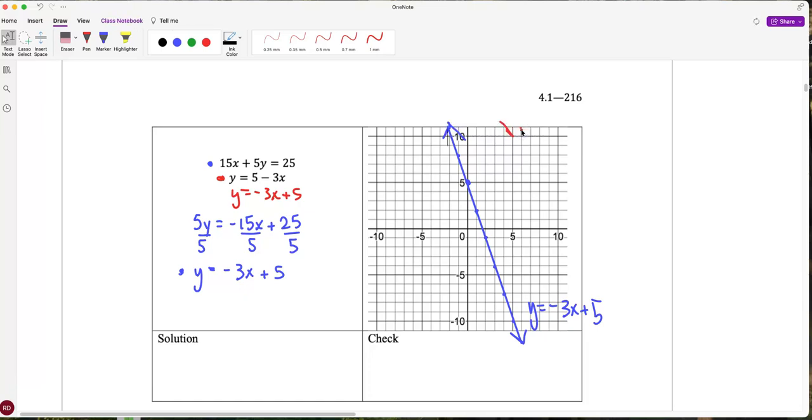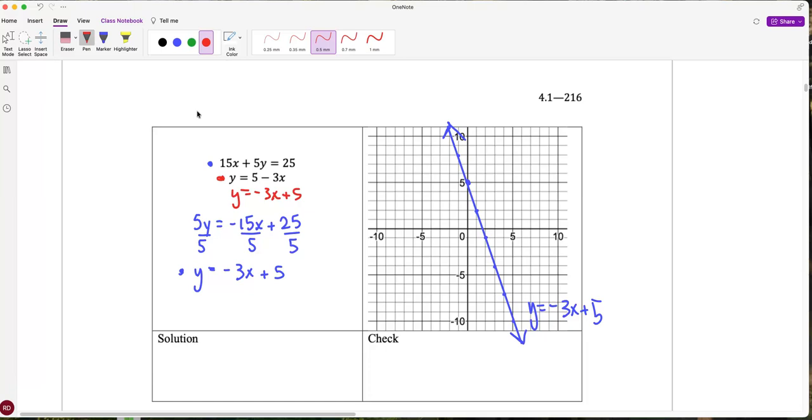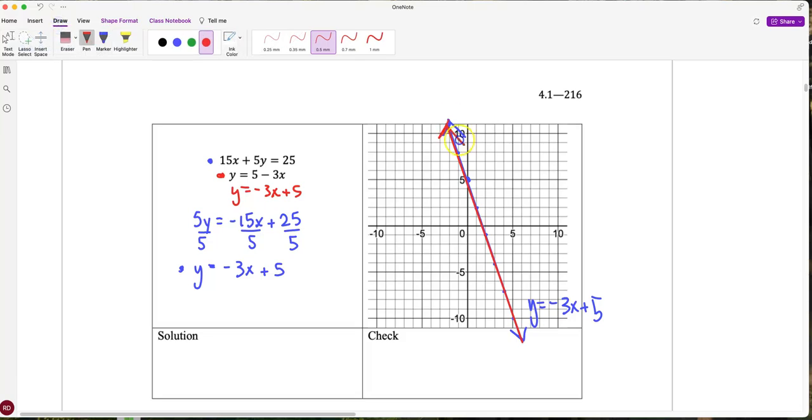There we go. So, made a mistake. Let's draw that line now. Insert shape line. That line starts right here, and it basically is the same line. Five minus 3x. So I don't have one point of intersection, okay?